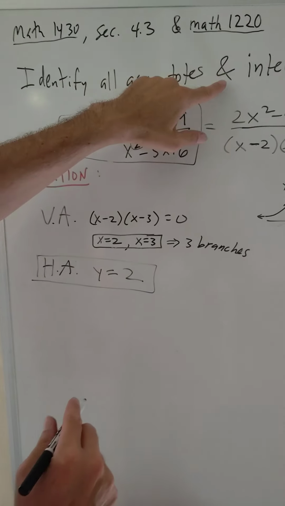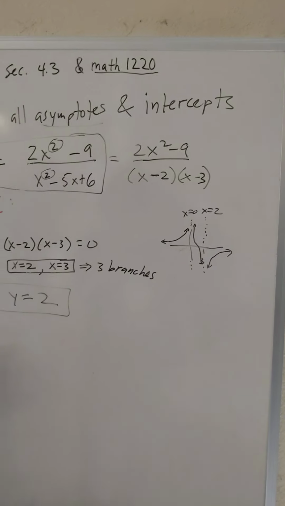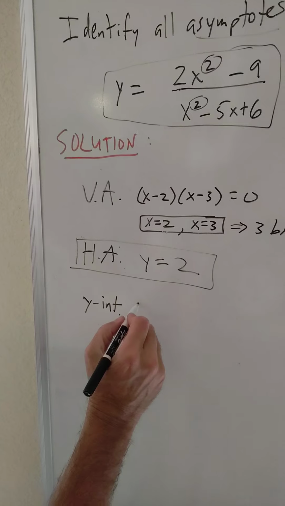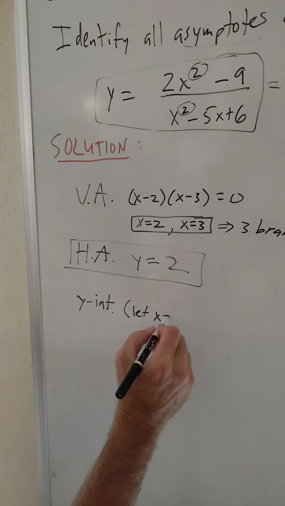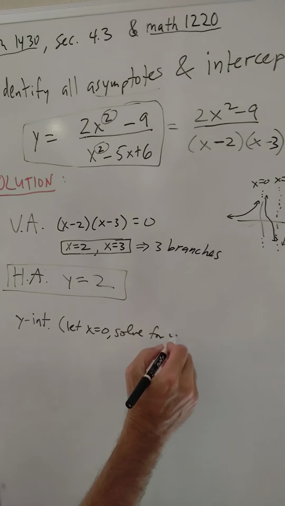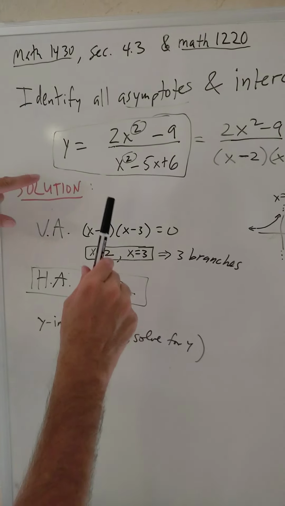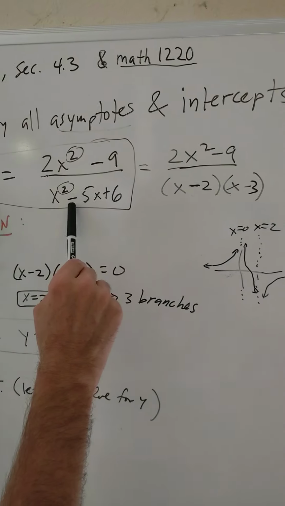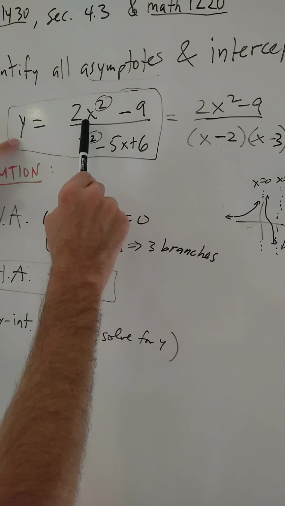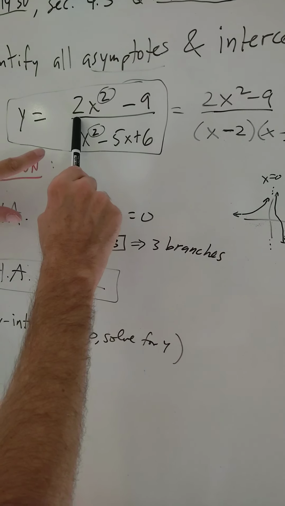Okay, now let's go to the intercepts. The y-intercept is usually easier to find, so I'll do that one first. To find the y-intercept, here's the rule. Let x equal 0 and then solve for y. It doesn't matter which form I look at here. I think this one's easier. Wherever you see an x, you let it equal 0. So if x is 0, the first term goes away.